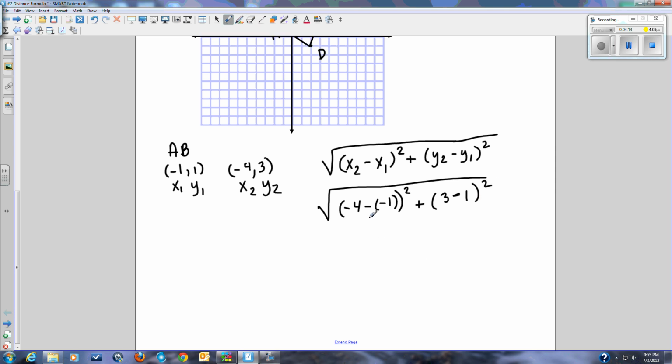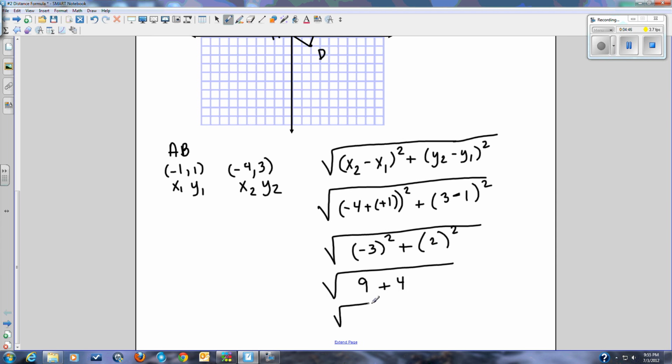Squared. Well, remember, two negatives together make a positive, so we have negative 4 plus 1, which gives us negative 3 squared, plus 3 minus 1 is 2 squared. Negative 3 squared, negative 3 times negative 3 is 9. 2 squared is 4.